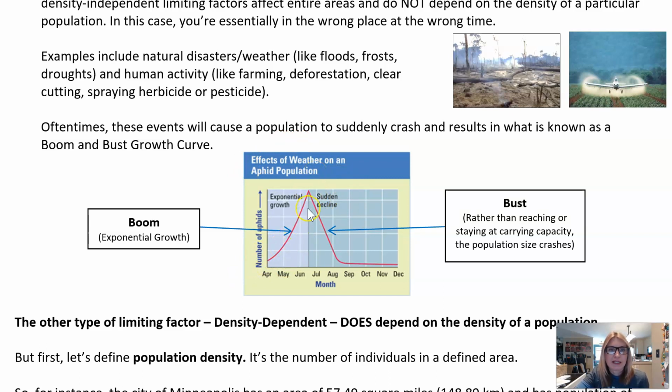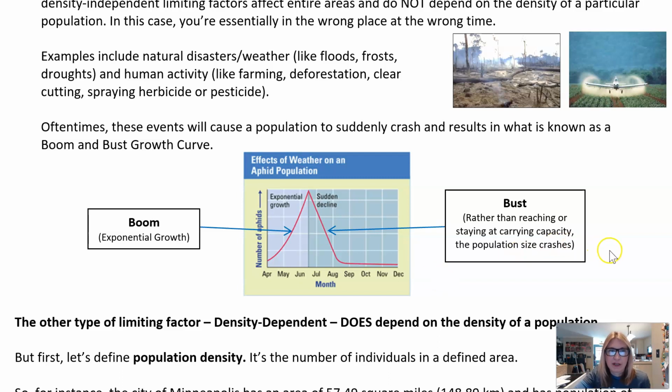And so we have this exponential growth. It might flatten out for a little while, or it could even suddenly decline. So we've got this boom, an explosion of the population, and then a bust. So rather than reaching or even staying at carrying capacity, the population size crashes.